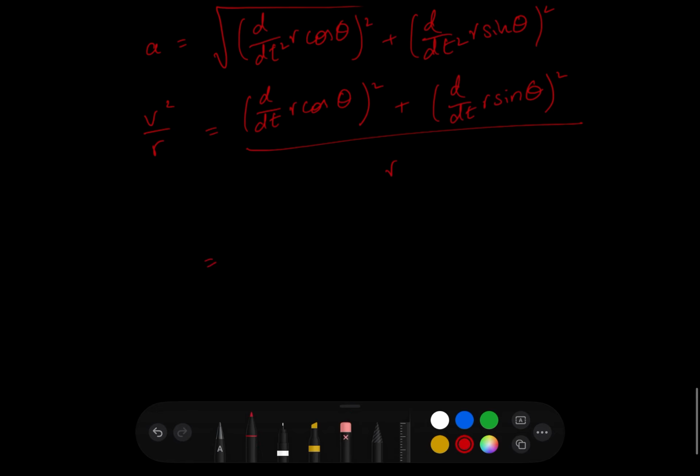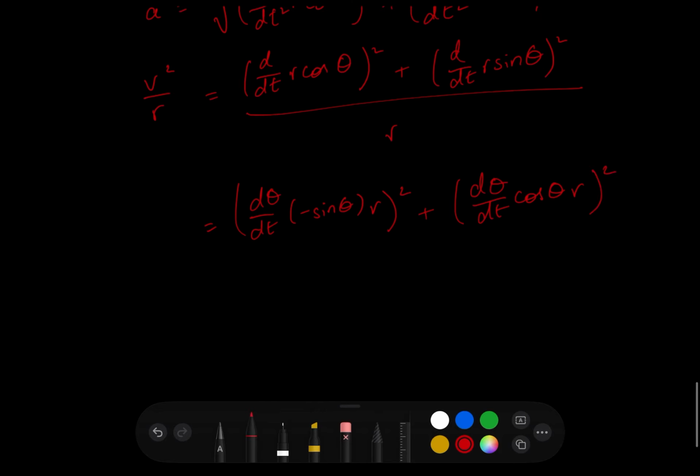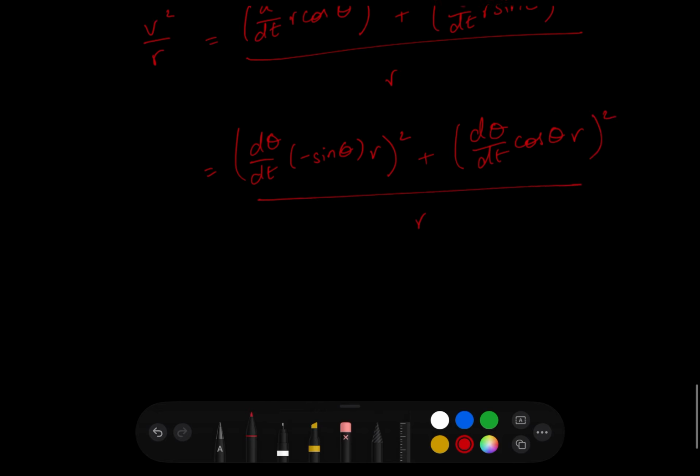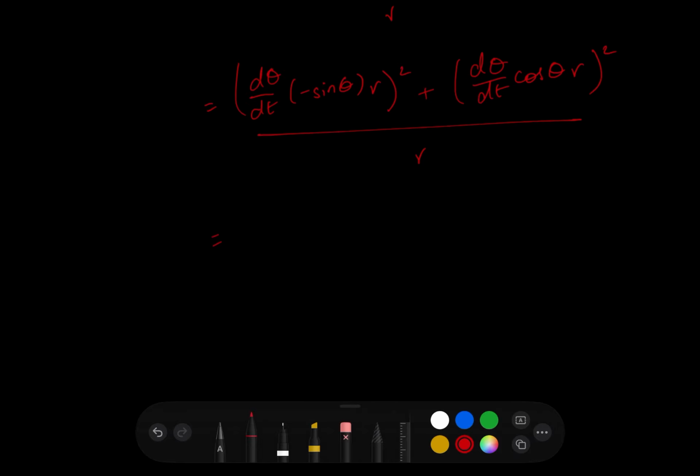Then this expression comes out to be d theta by dt, and the derivative of cosine is obviously negative sine, so negative sine theta times r, and we square this, plus d theta by dt times cosine theta times r the whole square, and we divide this by r.